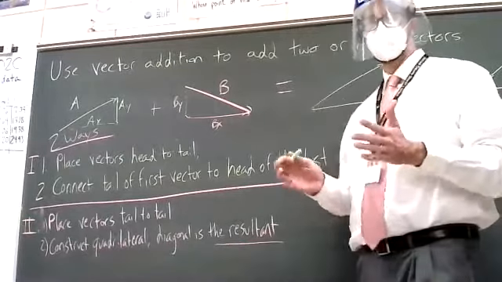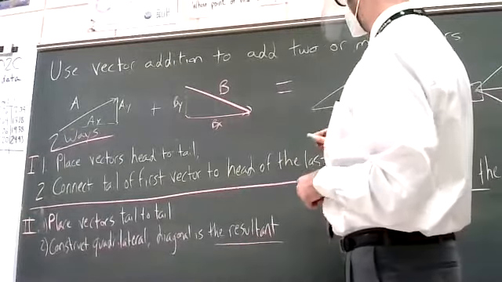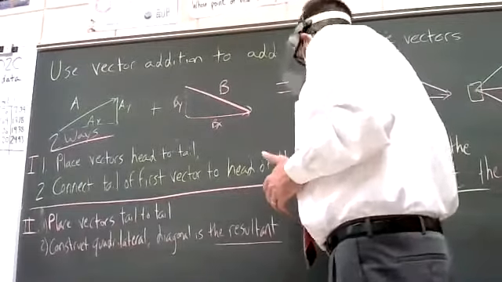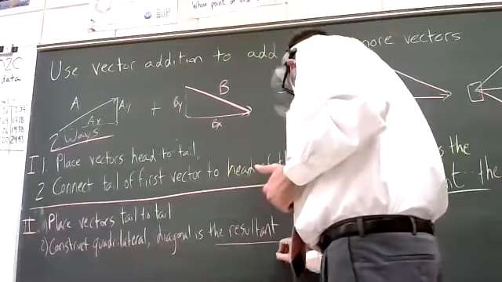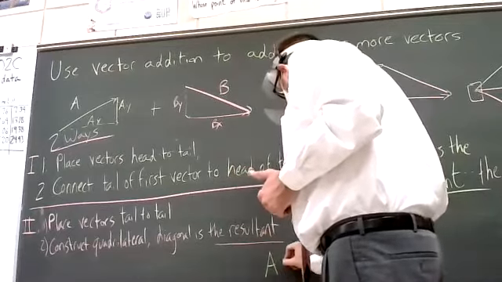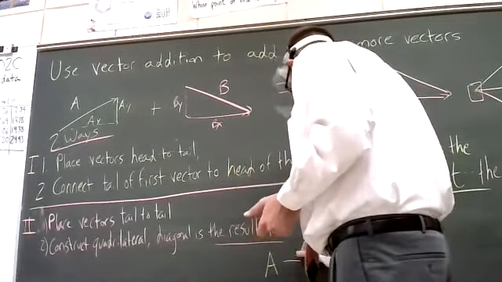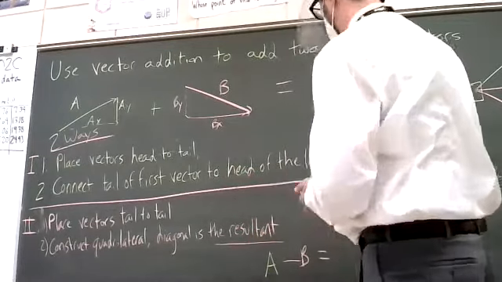In the final moments of class here, let me remind ourselves that for this problem here, A minus B, if we were to do A minus B, okay, what would that equal?